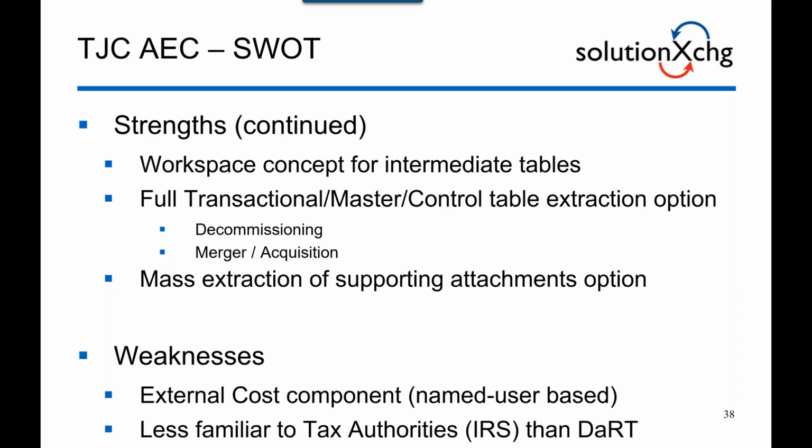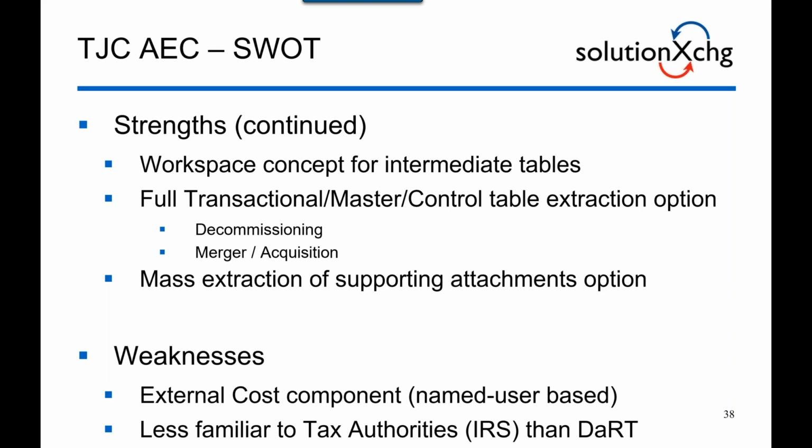That's the transactional data, the master data. There are certain control tables that are necessary to put those pieces back together later, and those are all extracted out together in one collective operation, not one process run, but ultimately one consolidated output in one known format that can be used later.